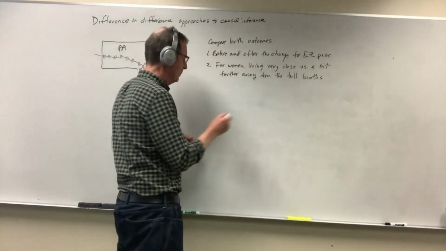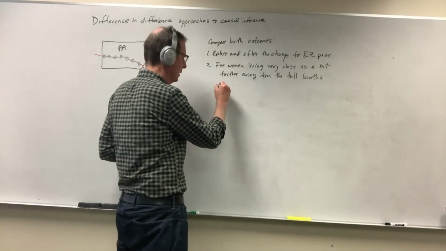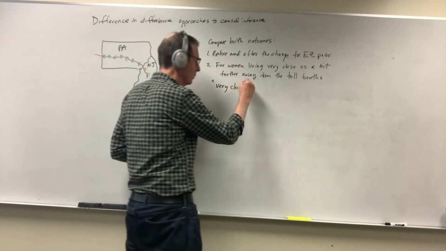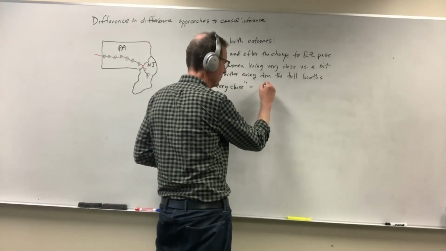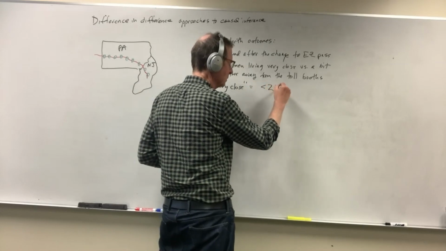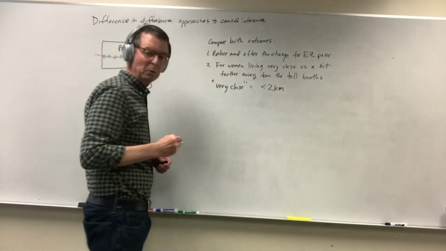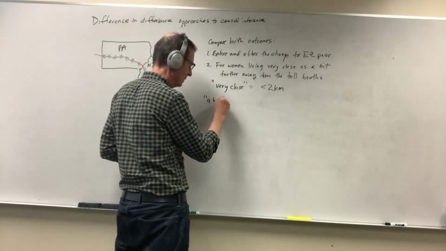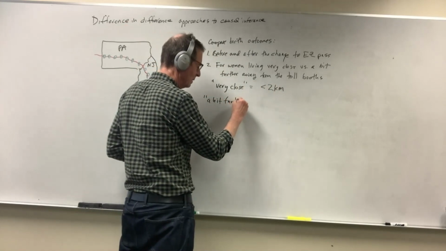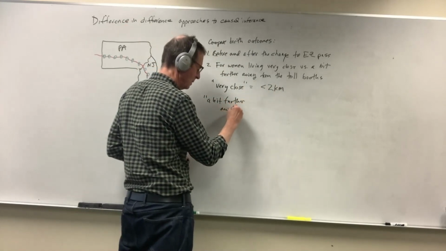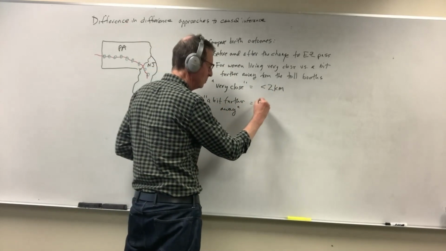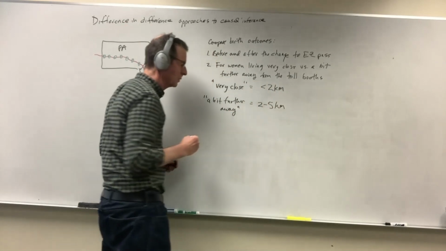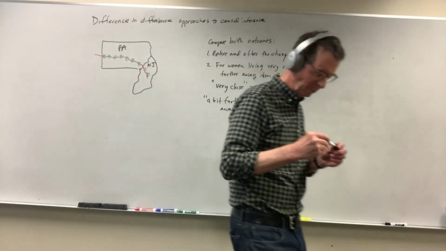There are a couple of different definitions for this, but the one we'll talk about defines very close as within 2 kilometers of the toll booth, and then a bit further away is between 2 and 5 kilometers around each toll booth.